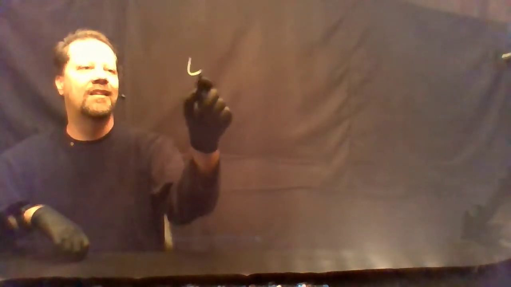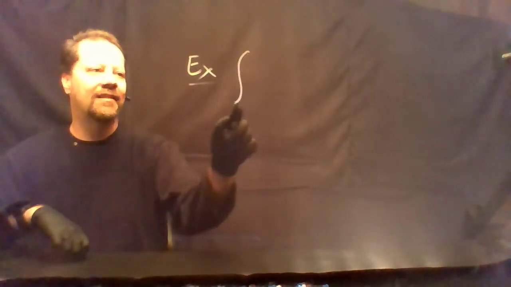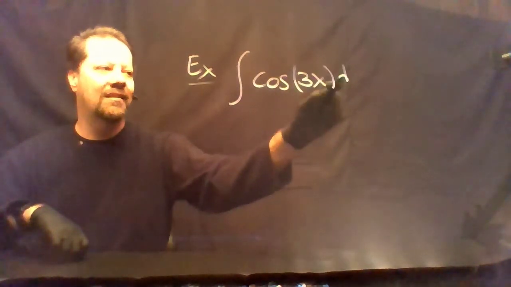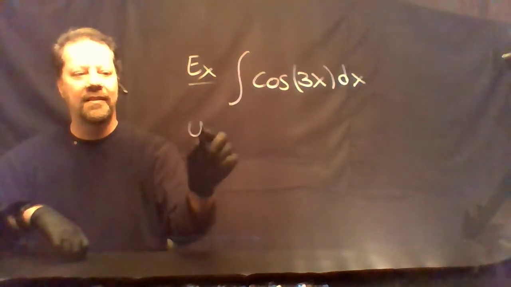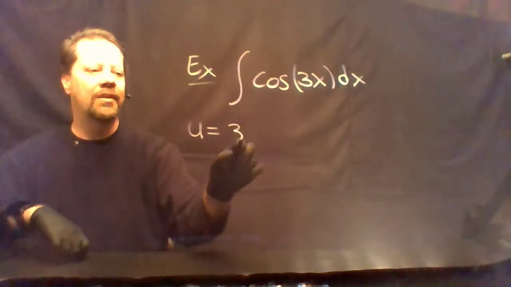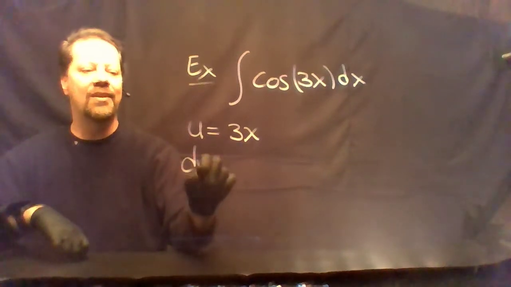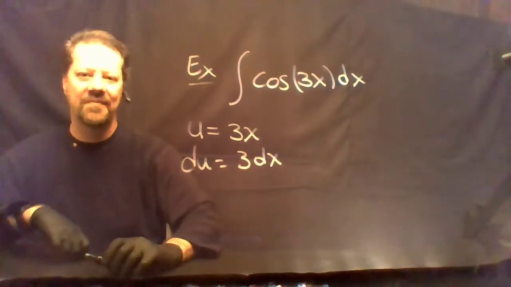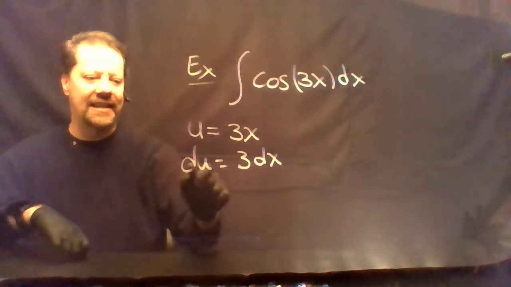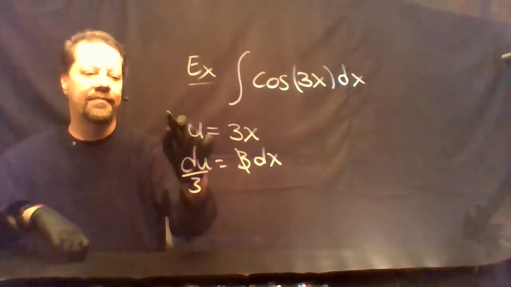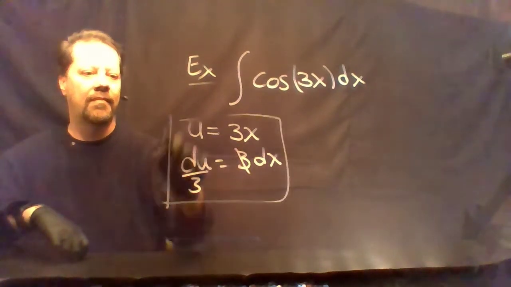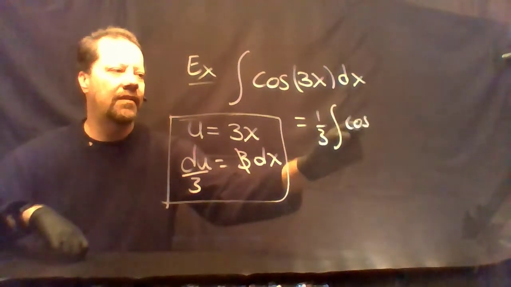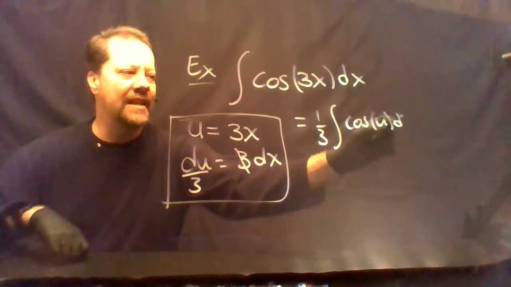Similarly, if I'm integrating, let's say, cosine of 3x dx, there's a substitution u equals 3x, so that du is 3 dx. Only having the dx, we divide the 3 off and get 1/3 the integral of cosine of u du.